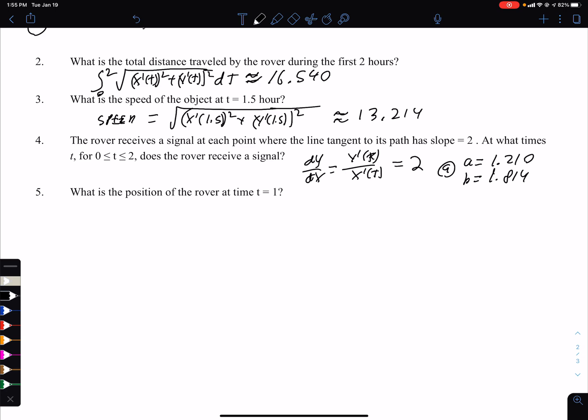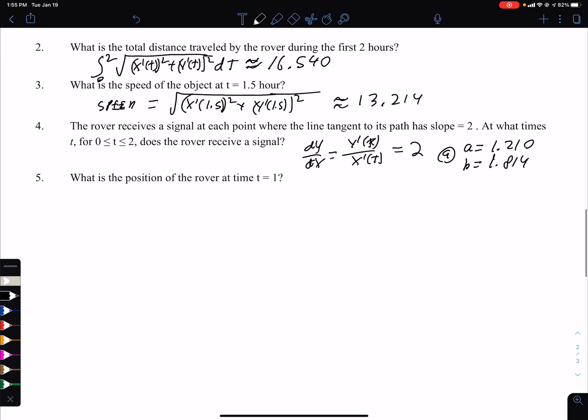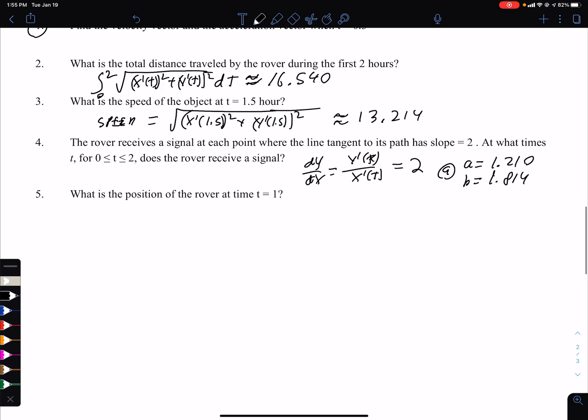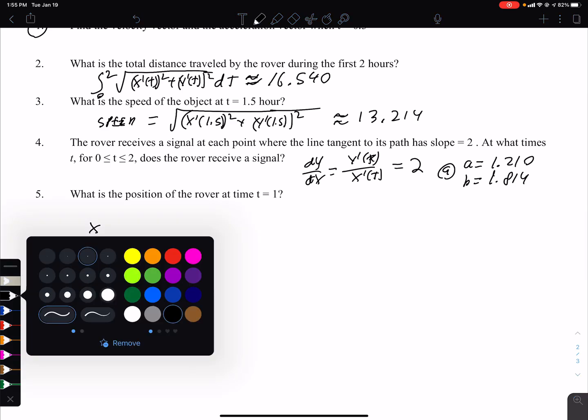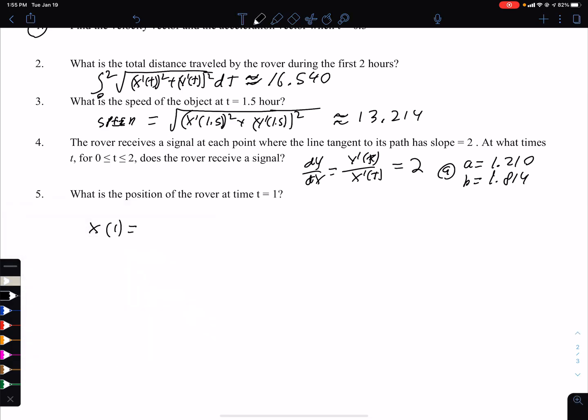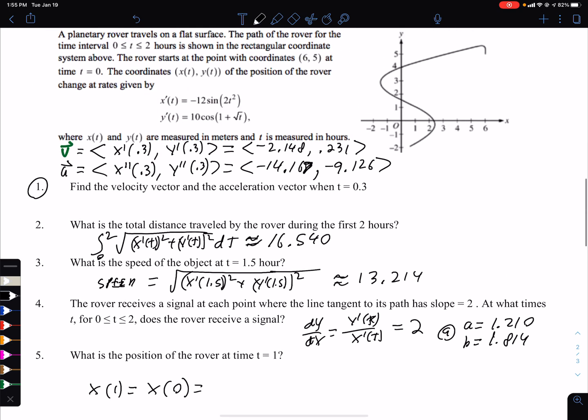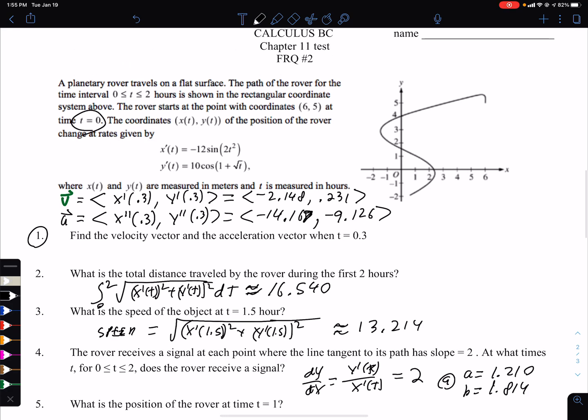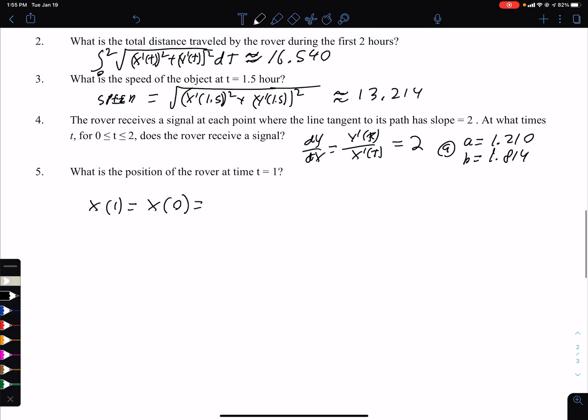All right, question number 5, the position. The position is the x and y coordinate. To find the x coordinate at 1, you would need the starting position at 0, and I believe they told us that. At t equals 0, you have 6, 5.